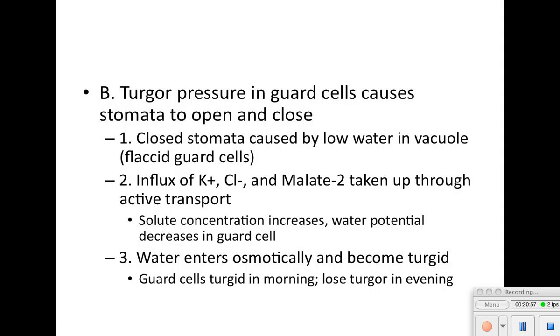So you can kind of think of it as wilted. And then it will take in potassium and chlorine and another substance called malate through active transport. Solute concentration increases, thus water potential decreases, and then water will enter the cell and it will become turgid, and when it's turgid, that's when it opens.